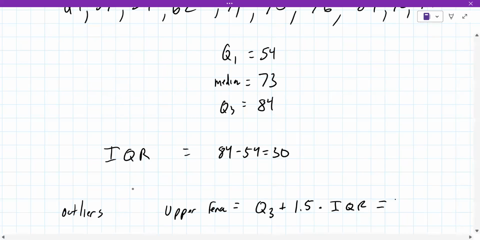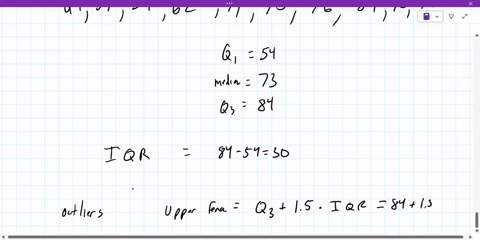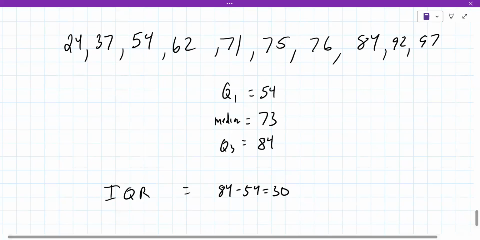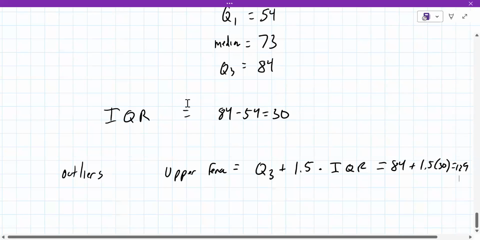Yes, it ends up being, like you said, 84 plus 1.5 times 30, which is 129. So the upper fence is 129. Are there any values above the upper fence? And the answer is no, there are not.